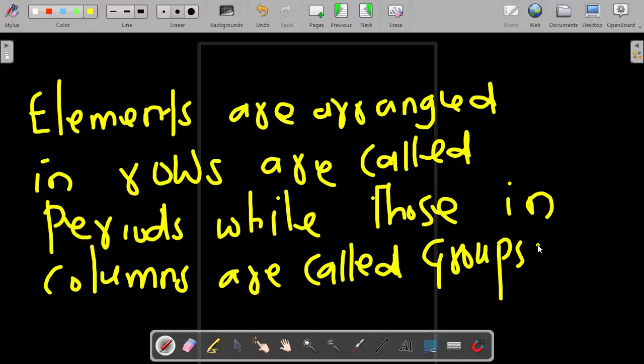He arranged them in rows and columns. Those in rows, we call them period, while those in columns, you refer to them as group. So what is this period and what is this group? We're still going to look at that.